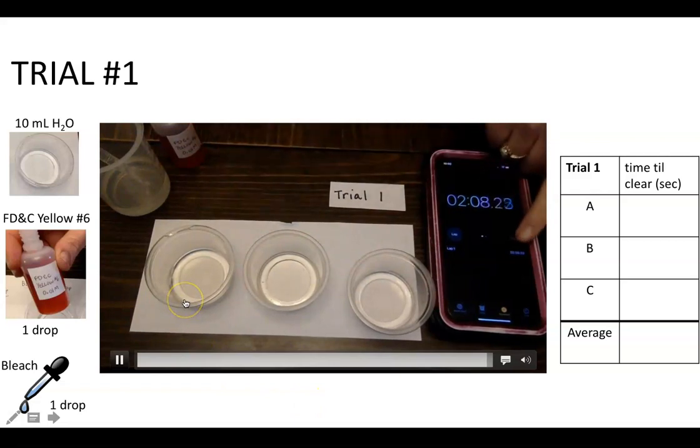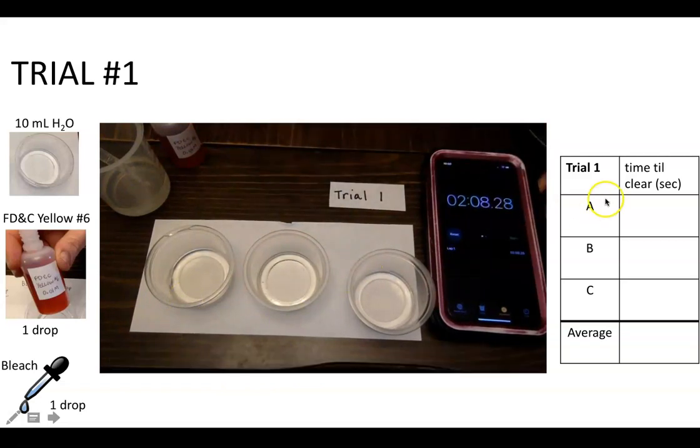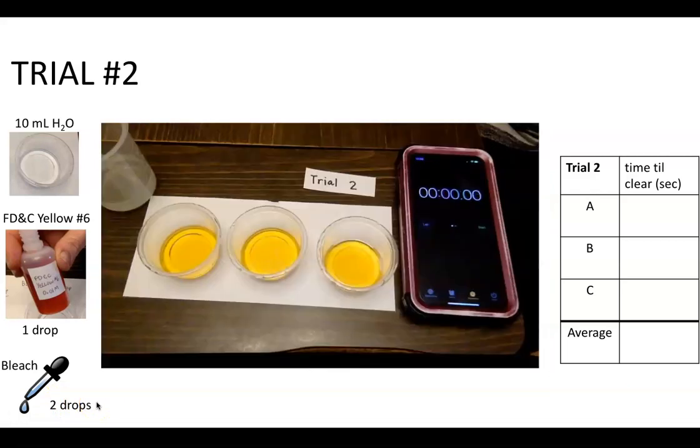And this one 126. So for A, B, and C, for this trial, you would say 100, 120, and 126. And you're going to do this for each one. So now we're going to watch trial 2, and I'm going to stay quiet and let you make your observations.